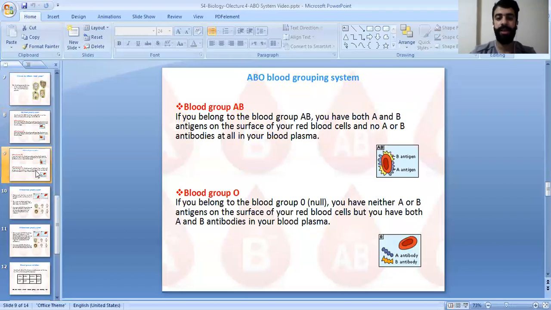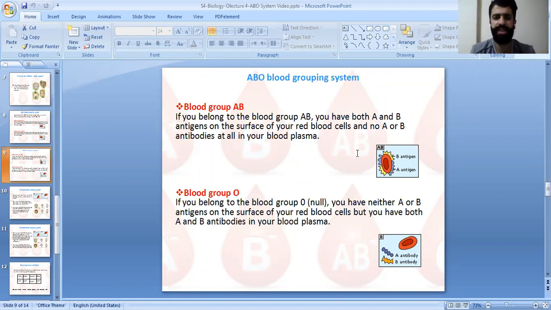Okay? Moving to blood group AB. Mr. Muhammad, for example, has blood group AB. I have blood group AB, so I should have both antigens, A and B. Wait a minute.